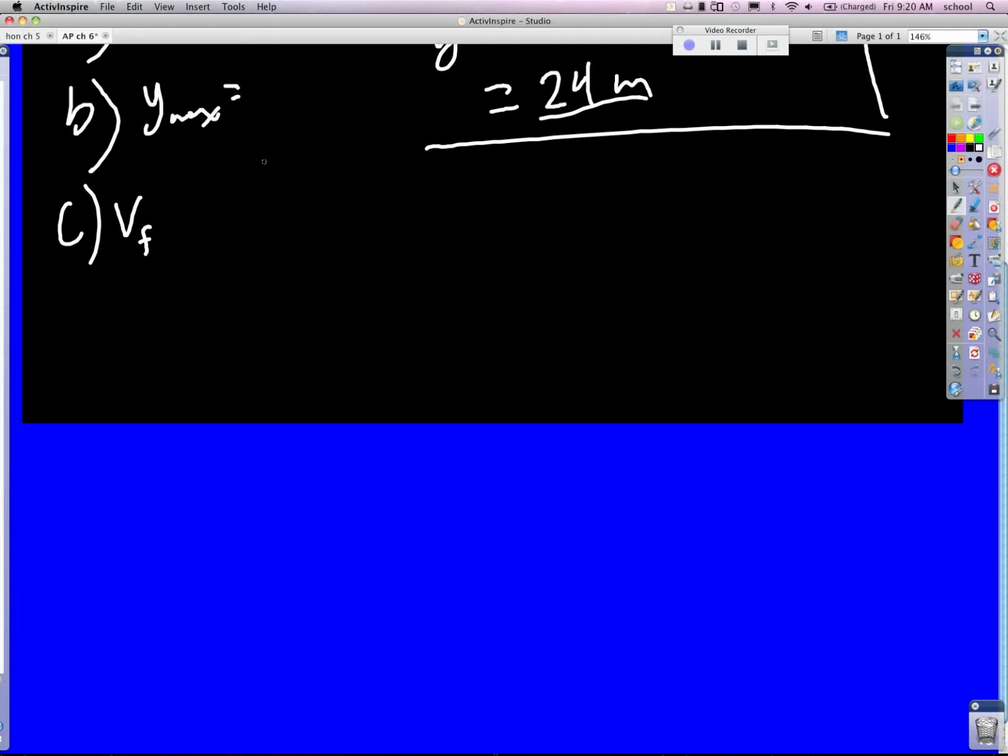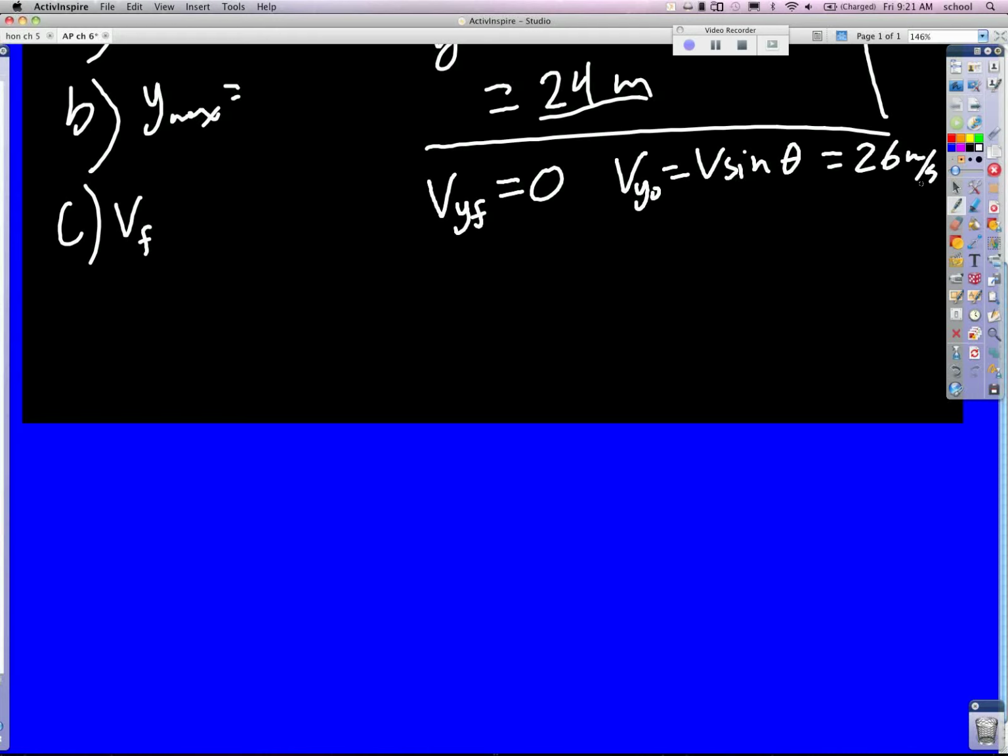I'm going to use Vy final squared equals Vy initial squared plus 2ay, as the case may be. So y is going to be Vy final squared minus Vy initial squared all over 2a.